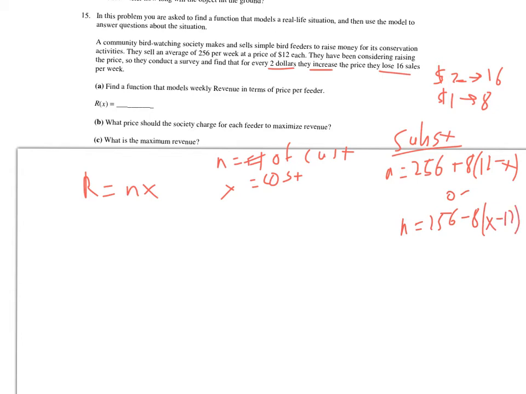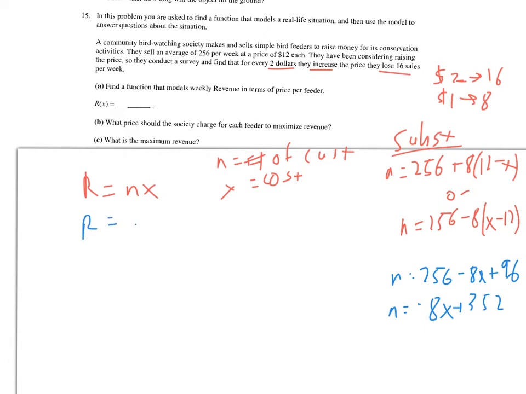Either way, though, when I distribute this, it comes out to 256 minus 8x plus 8 times 12 is 96, and then I'll add that to the 256, and so n equals negative 8x plus 352.